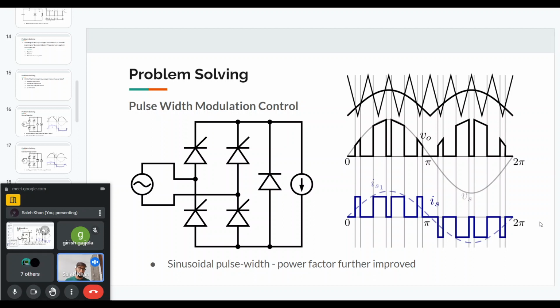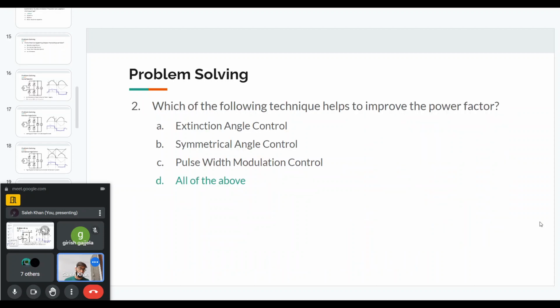And then we can filter them out using a much smaller filter compared to lower order harmonics. So in all these cases, we can see the power factor is improved. So the answer to this question is that the power factor is improved using all of the above.